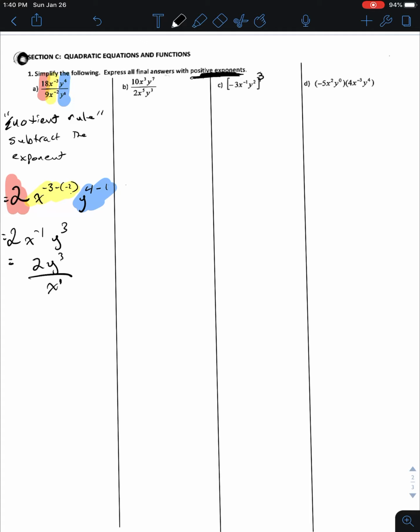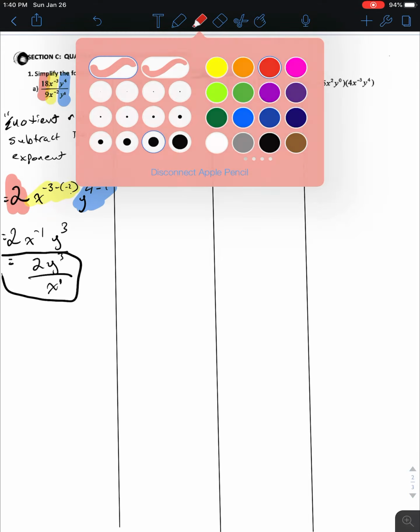You just flip it and it becomes positive. It's like the sine inverse thing, or cosine inverse or tan inverse, that's how you get the angles. So that's your final answer. You're done. There's nothing left to cancel. It's 2y cubed over x.